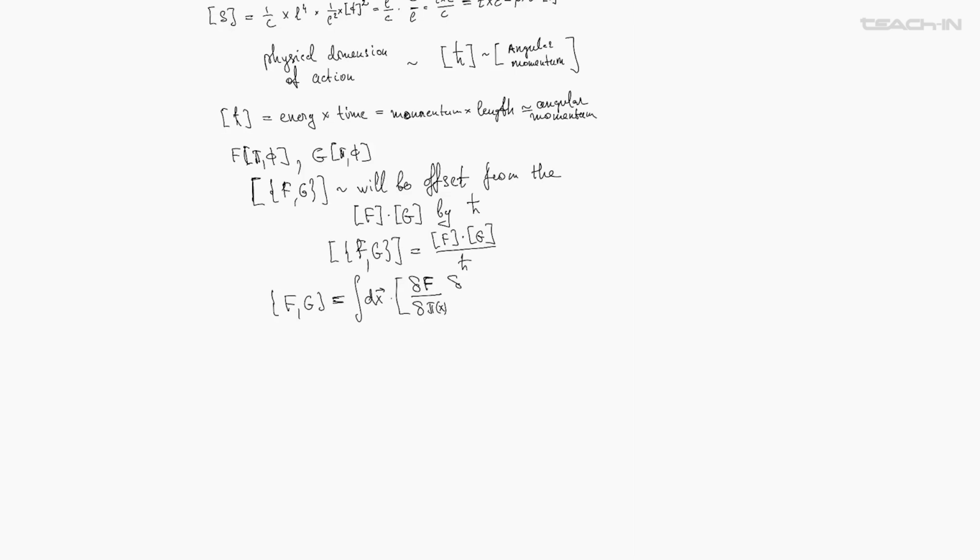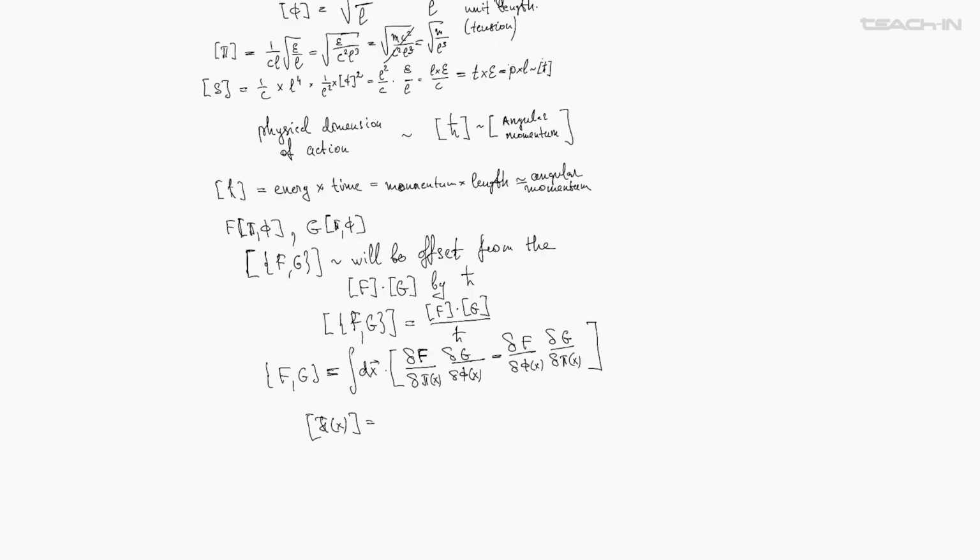And we have computed that the dimension of pi on x is 1 over CL square root of energy divided by length. The dimension of phi we computed as square root of energy divided by length.